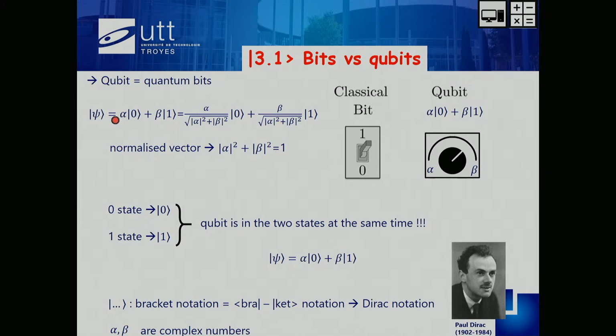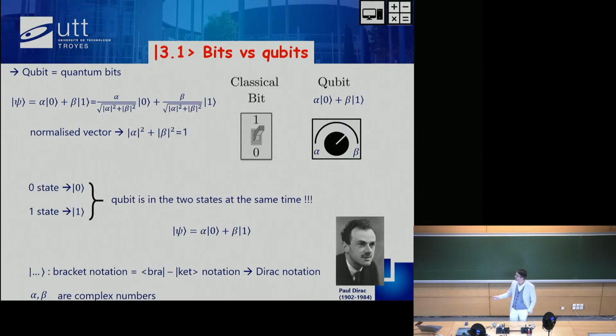So if I want to define a quantum bit, here we go. Here's the more general definition of a quantum bit, where psi is alpha times |0> for the 0 part of the qubit, plus beta times |1>, where |1> is the 1 part of the qubit. So these coefficients, alpha and beta, are actually complex numbers.